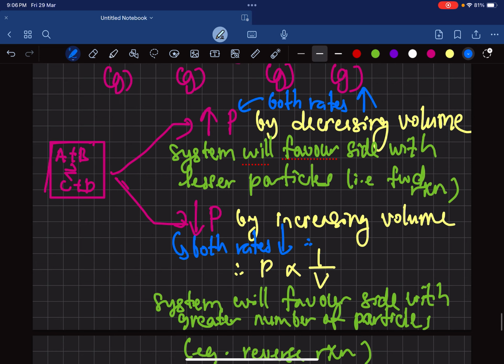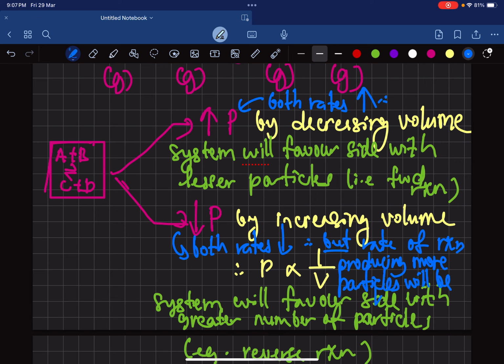And again, same thing as just now, both rates will go up, but the rate of reaction producing more particles will be higher.